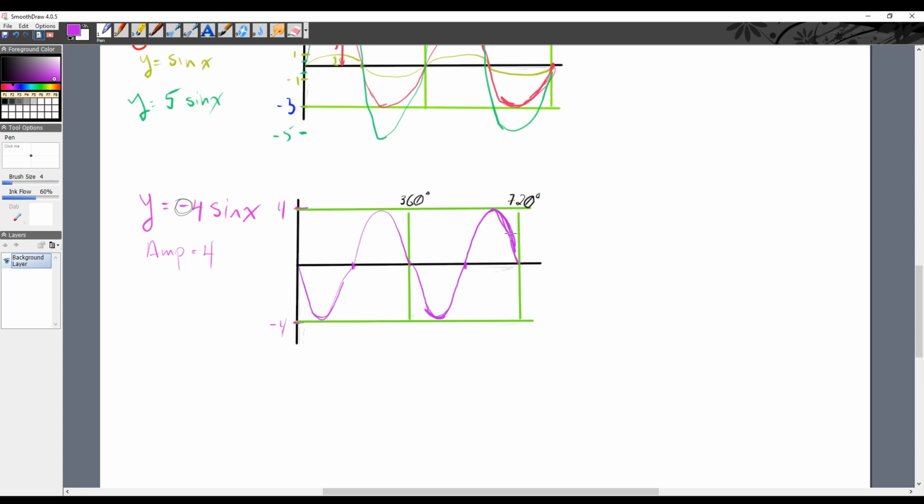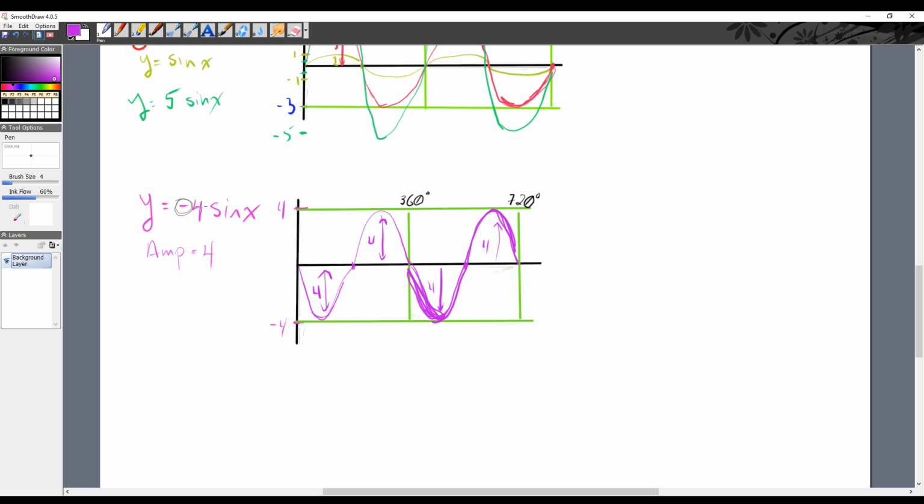So the a value in y equals a sine x, what it does is it controls two things. It controls just how high or how far from the center line we can get. So we can get 4 away, right? We can get 4 above or 4 below, but the distance in each of these cases is 4, right?